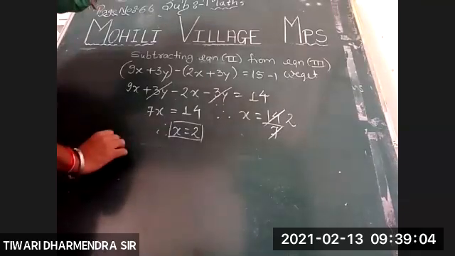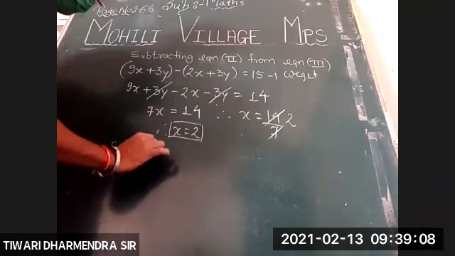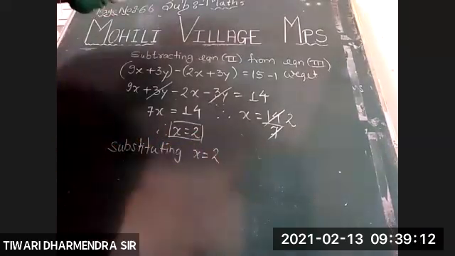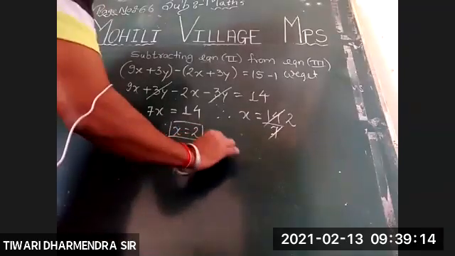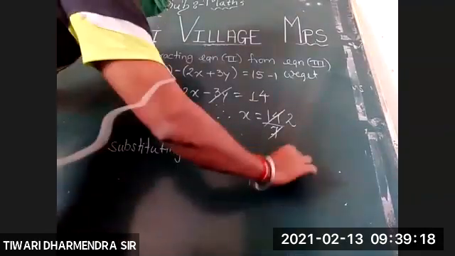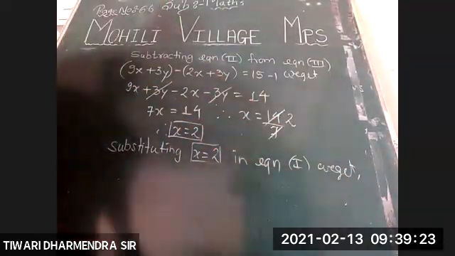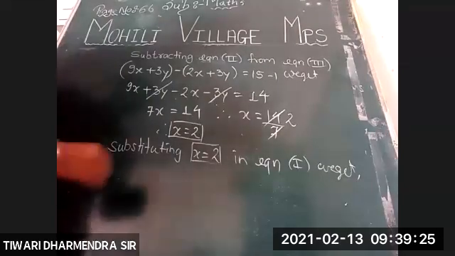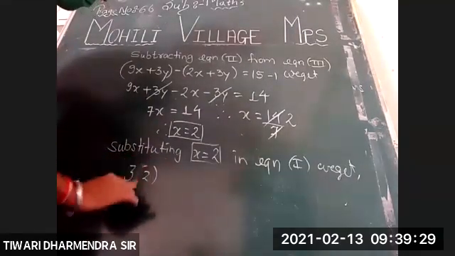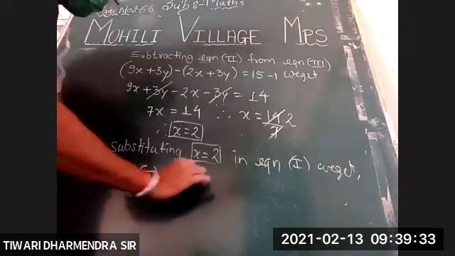So substituting x equal to 2 in equation 1, we get 3 into 2 plus y is equal to 5.